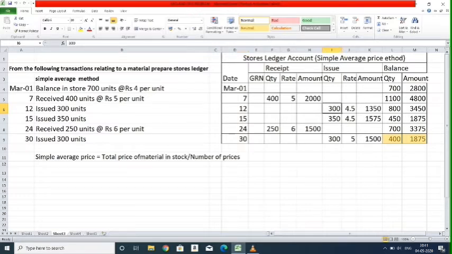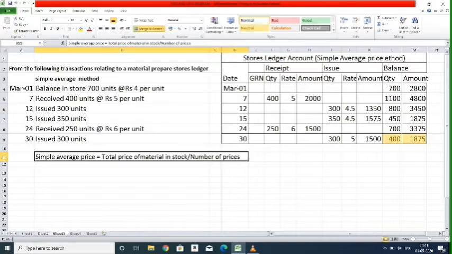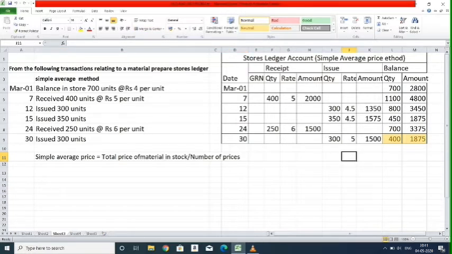At what price do we make this issue? That is our problem. Here we have to calculate the rate. Simple average price: the rate is equal to the total price of material in stock divided by the number of prices. Here we have two stocks in our hands: first our opening, and second the 400 units we received.